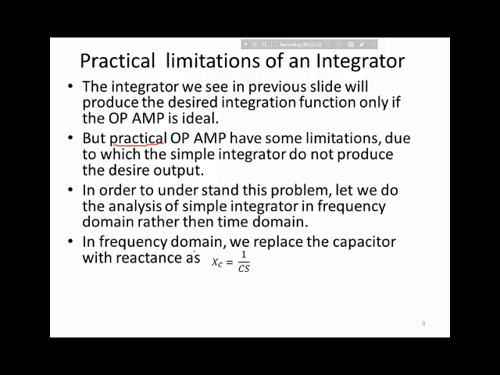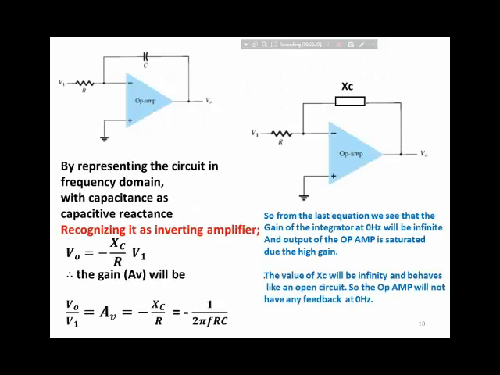So rather than in the time domain, if we analyze the circuit in the frequency domain, we replace the capacitor with its reactance, or in the Laplace domain, we represent the reactance as 1 over Cs. Then the circuit can be replaced in the frequency domain with the capacitance as capacitive reactance Xc.